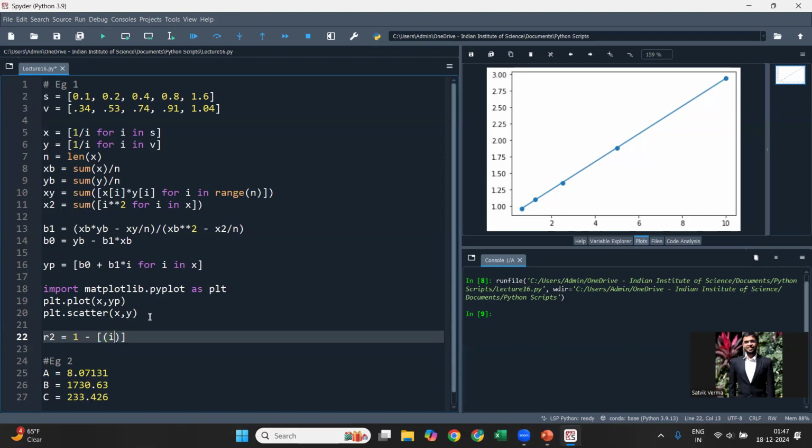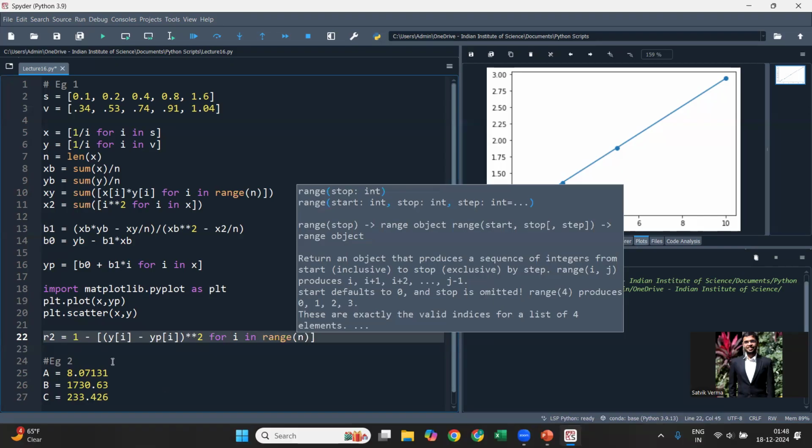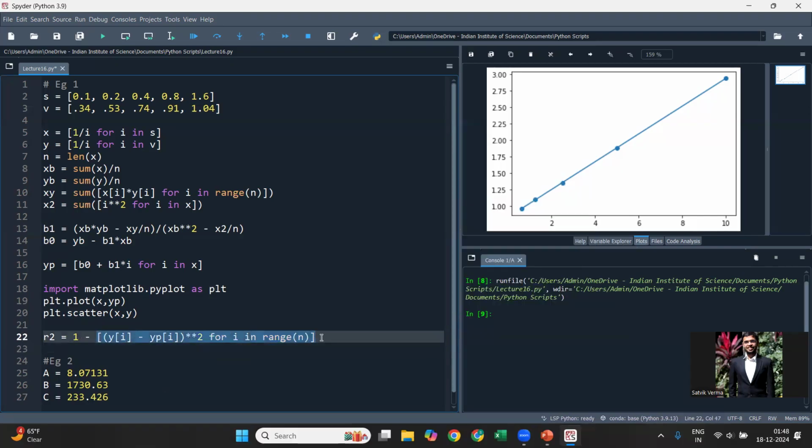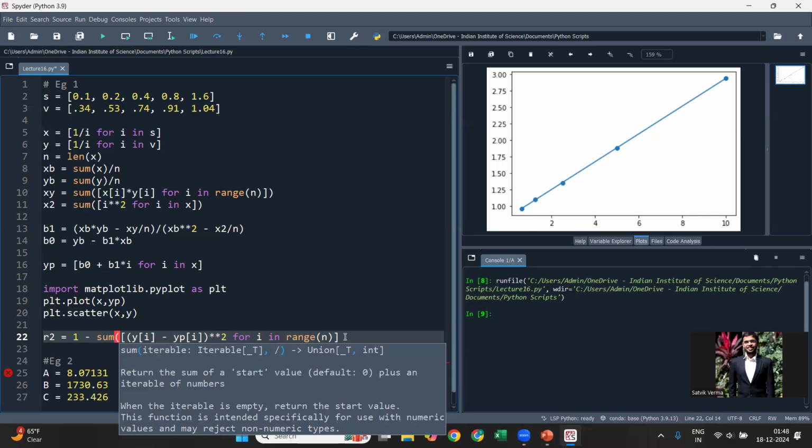That is yi minus y predicted i whole squared, right? That is the squares of residues for i in range n, right? So that becomes the list of all the squares of residues. And then we'll just calculate the sum of these because we do not want to store this, right?